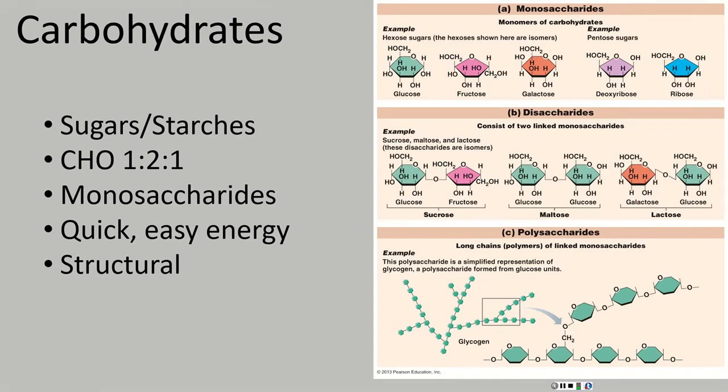The monomers for carbohydrates are called monosaccharides, or simple sugars. Monosaccharides, and that's what we see across the top row here. Now, when we draw them, we draw these ring structures. And in monosaccharides, the monomers for carbohydrates, we have a single ring all by itself.